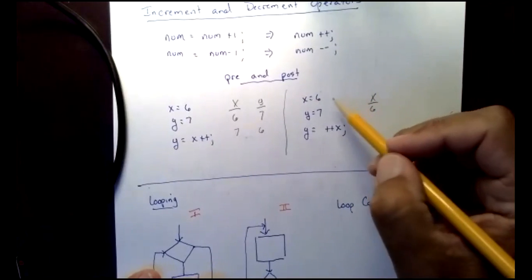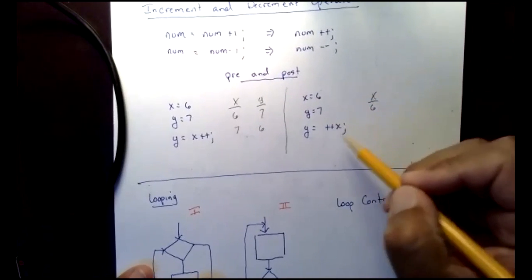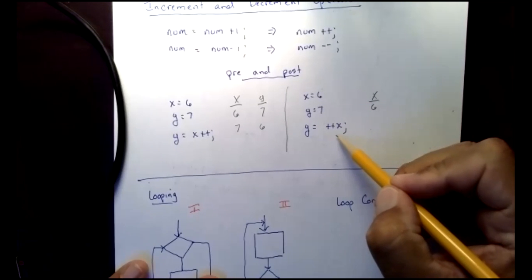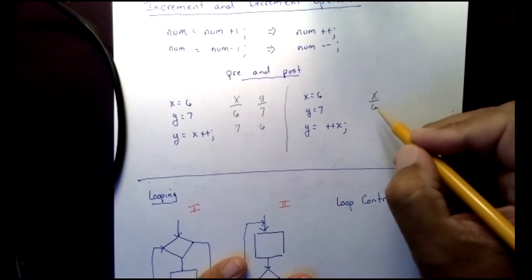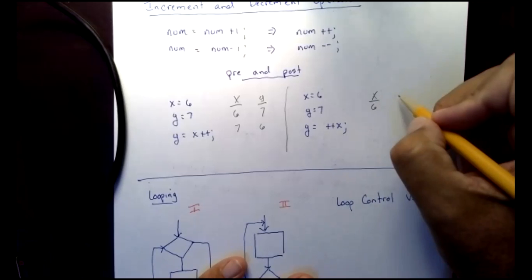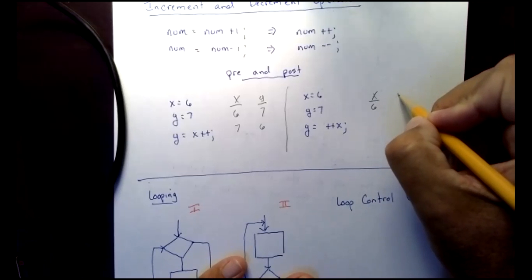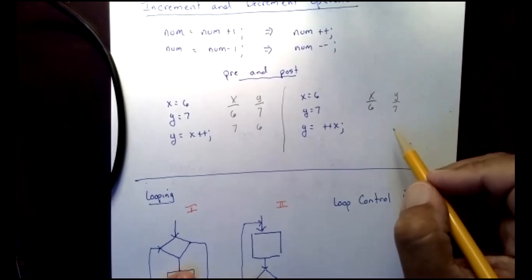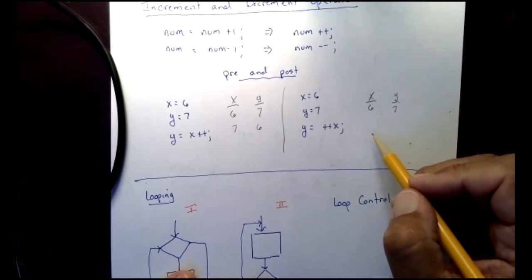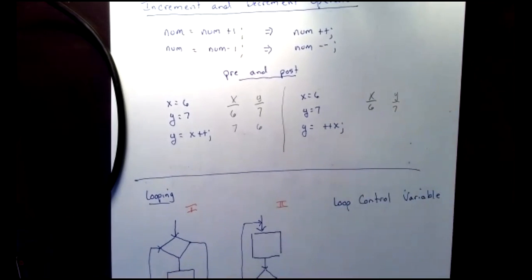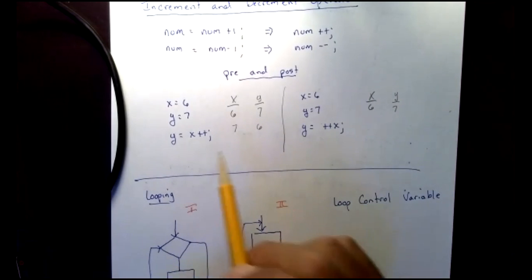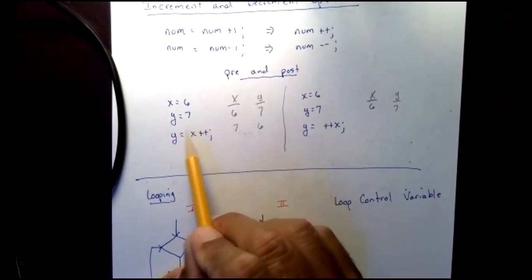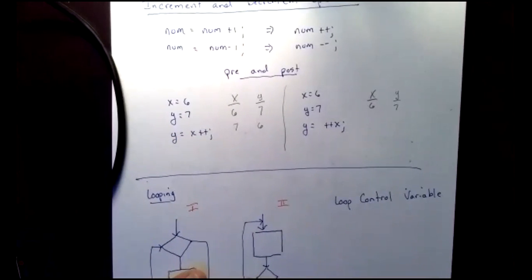That means you should be able to get the second one. This time I have X equals 6, Y equals 7, Y equals plus plus X. So the first thing I get in a hand trace, X gets a value of 6, Y gets a value of 7. Now, what value do you think Y gets and what value do you think X gets? Because of the way we did the order over here, what's going to happen first?